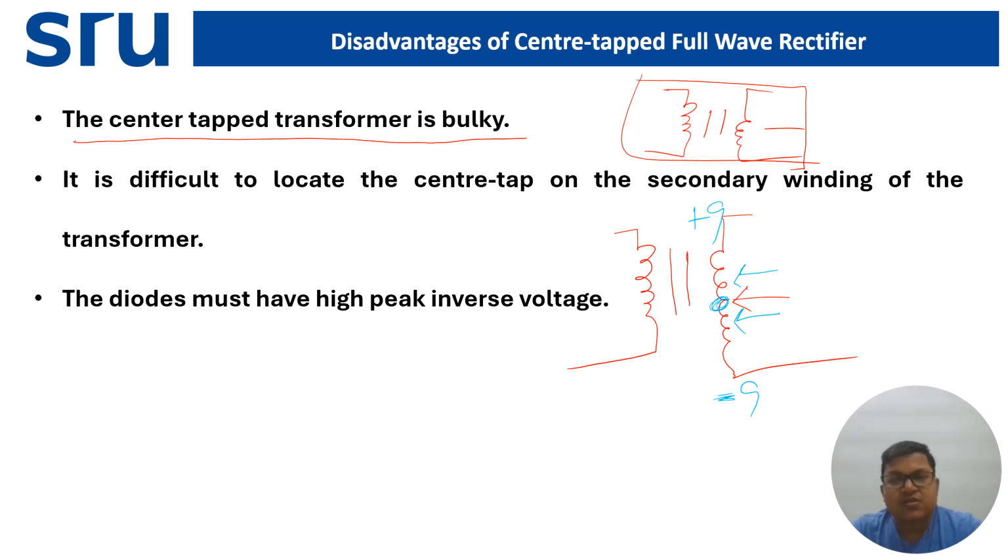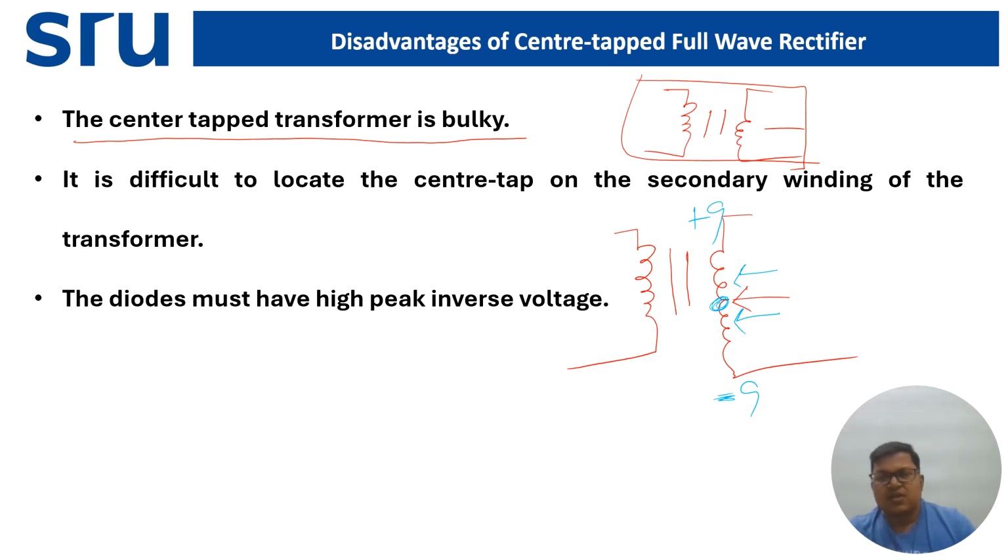So to avoid these risks, we will be seeing in our next video a bridge type of rectifier circuit, which will avoid the disadvantages of the center tap based rectifier.